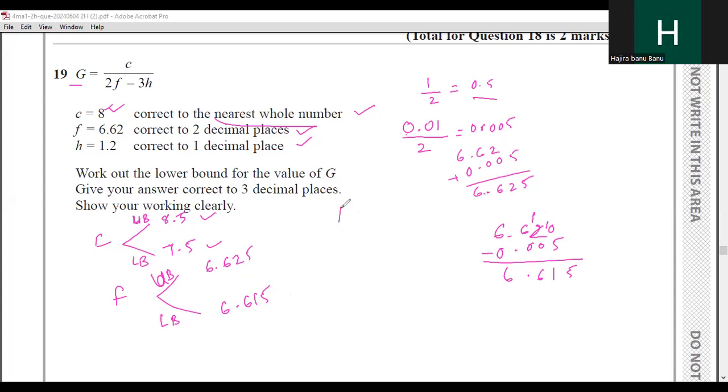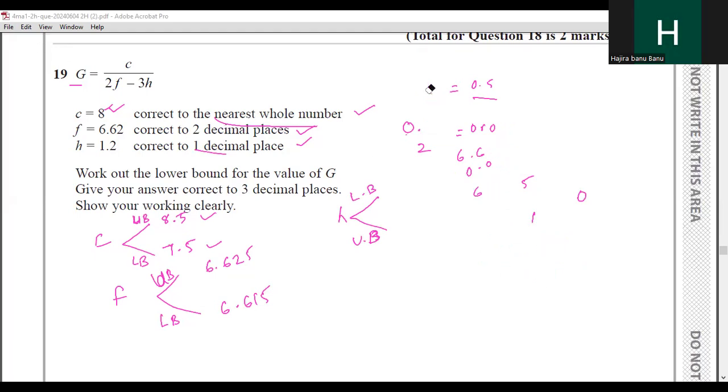Now, for the H value, let's see what the lower bound and upper bound are. Whenever you get this kind of problem, first calculate the bounds. Now it is correct to one decimal place. That means one decimal place, 0.1, divided by 2, you get 0.05.